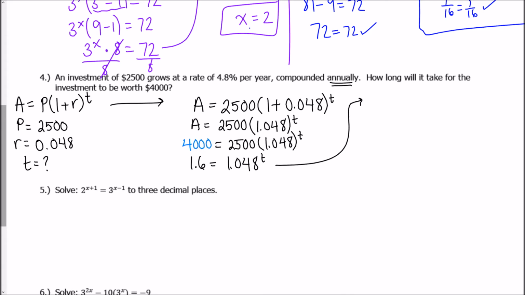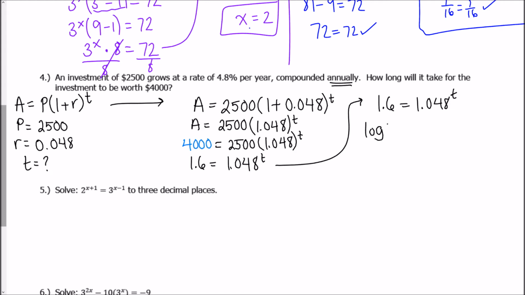Okay, so now when I get to this point, we're going to use our rules for logarithms to solve for t. To get this t out of this exponent, the only way I can do it is if I log both sides.